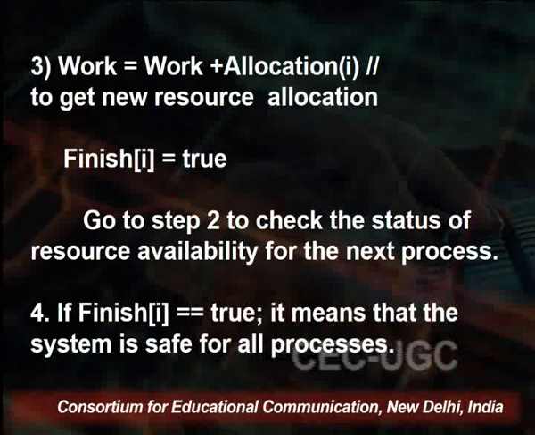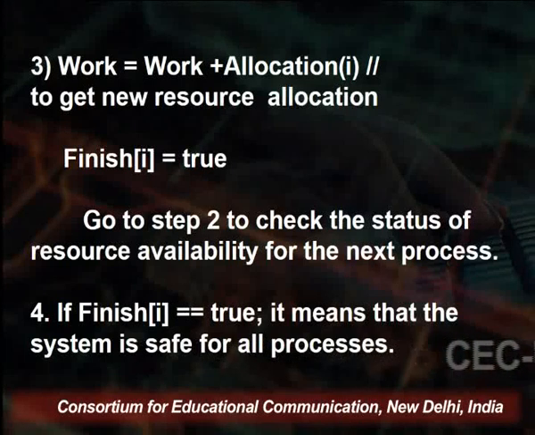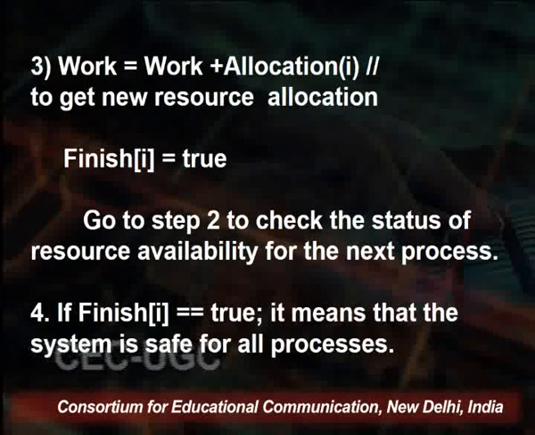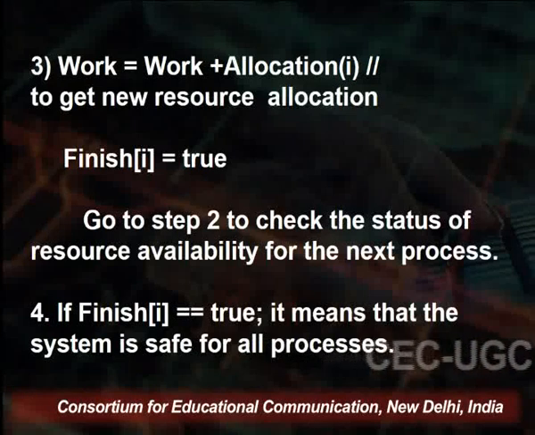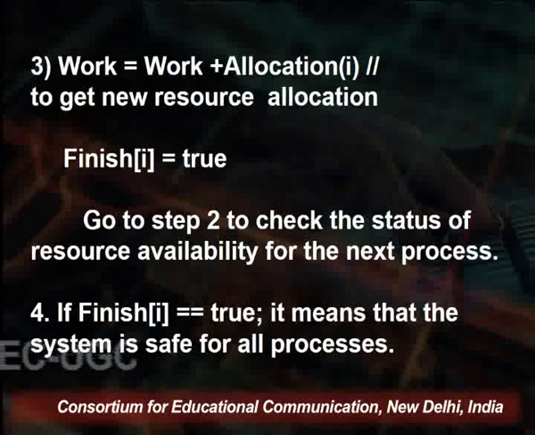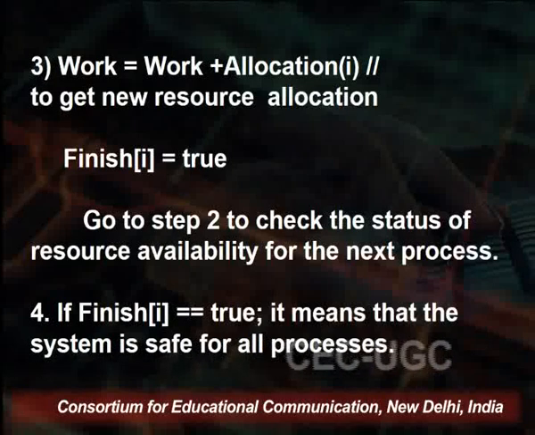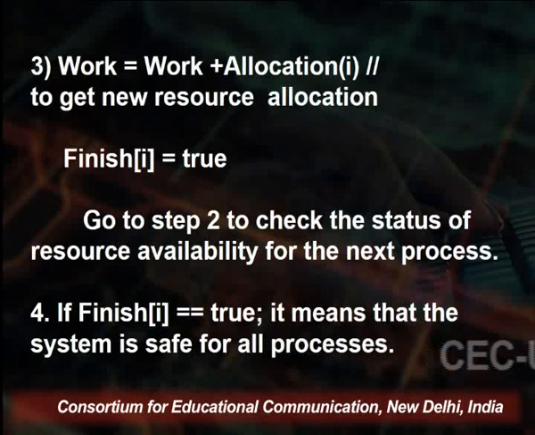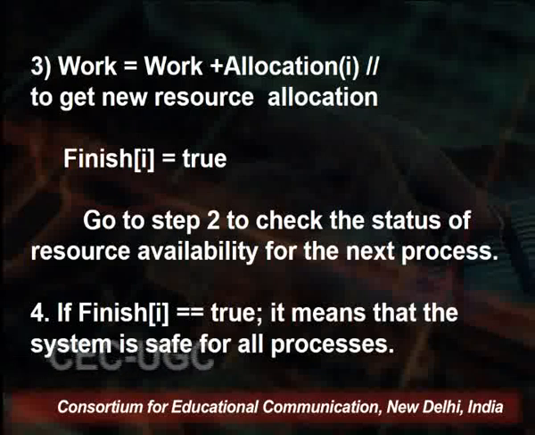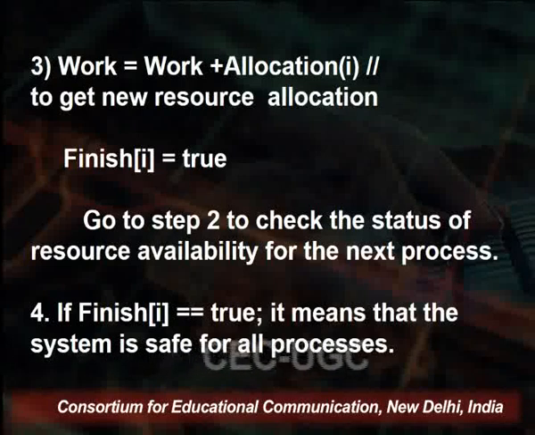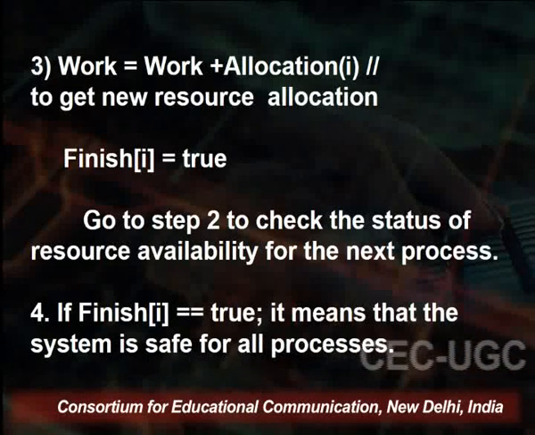So work is equal to work plus allocation to get the new resource allocation, and we also need to check the status of resource availability for the next process. And when finish of i is equal to true for all processes, that means the system is safe. That means we are allocating the resources and checking that the system is still in the safe state.